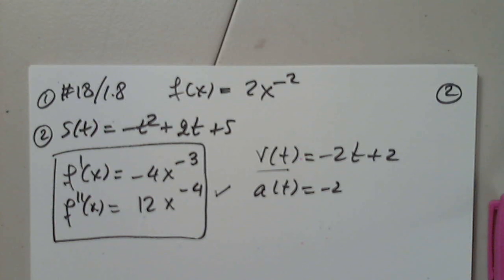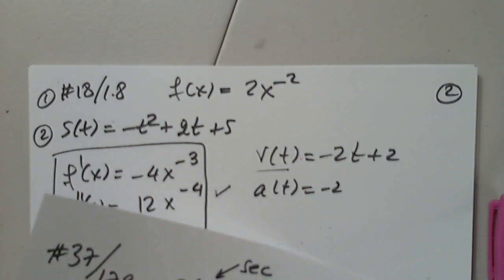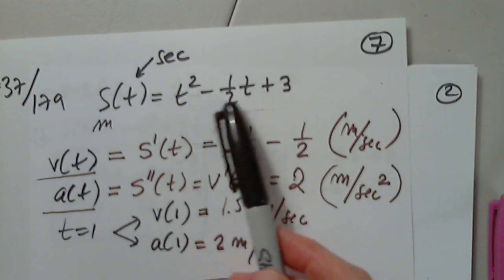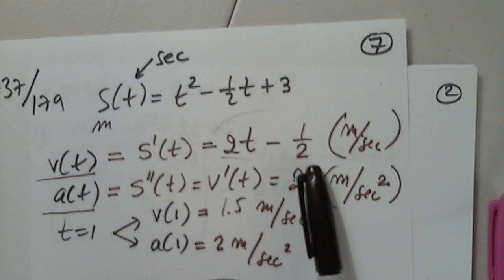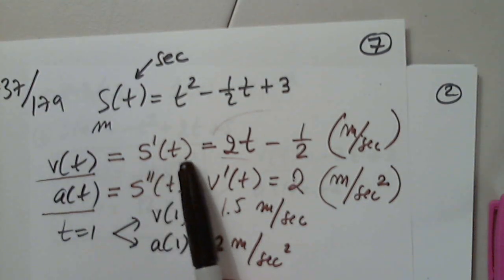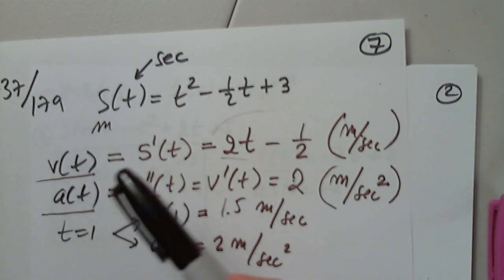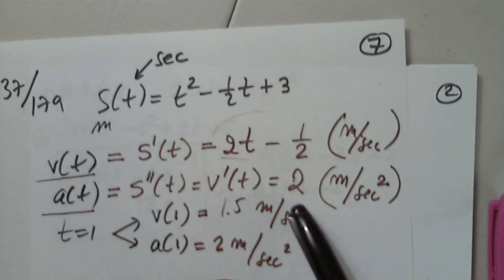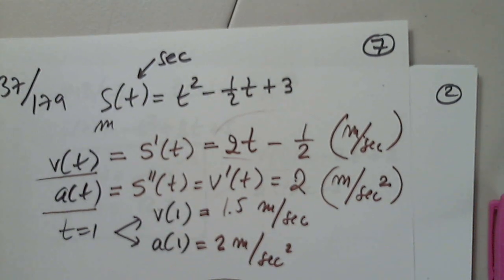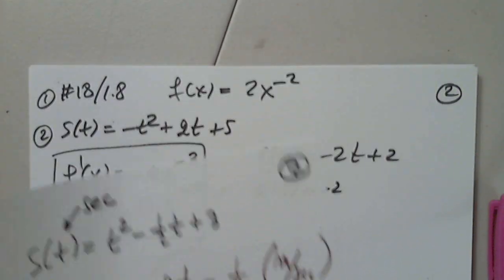So this was the problem last time. And that's what we did. 2t minus t squared. Then we differentiated the distance, the velocity, the derivative of the distance, and we got 2. Okay, now I get it.